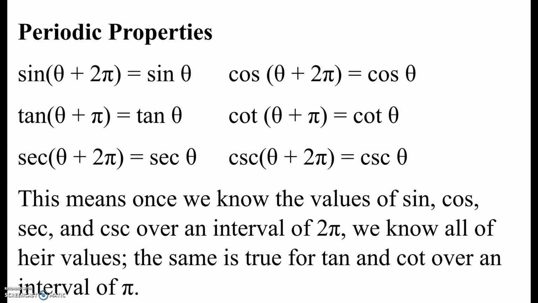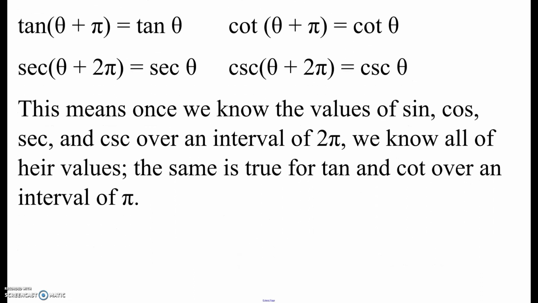As stated in the previous slide, sine and cosine have that periodic property of 2 pi. For tangent and cotangent, it is just pi. And for secant and cosecant, it again is 2 pi. Basically what that means is once we know all of the values for sine, cosine, secant, or cosecant over an interval with the length of 2 pi, we know all of their values.